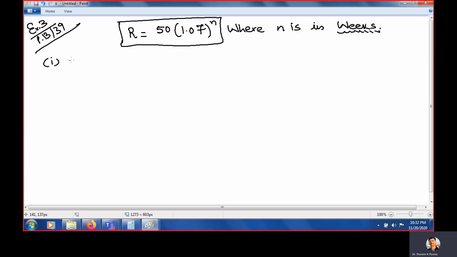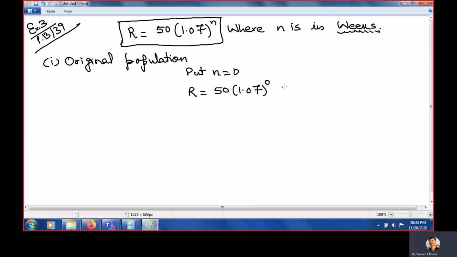What is the original population? And my dear friends, whenever they talk about the original value, put n is equal to 0. Original population means now. So put n is equal to 0. So what is the population of rabbits? It is 50 times 1.07 to the power 0.